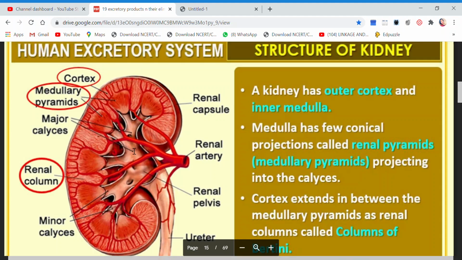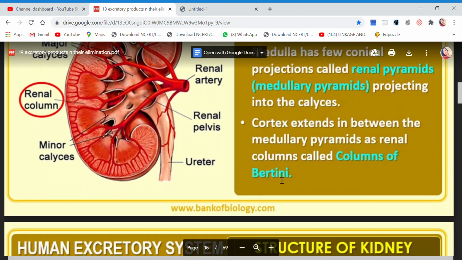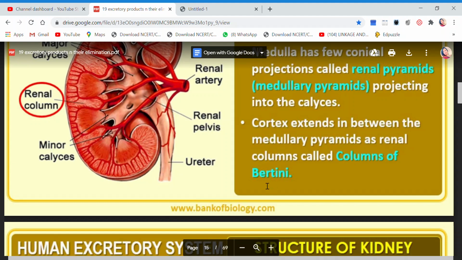Children, in between two pyramids, the cortex is extended. You can see the cortex extends between the two pyramids, and that extended portion of the cortex is known as renal column or column of Bertini.